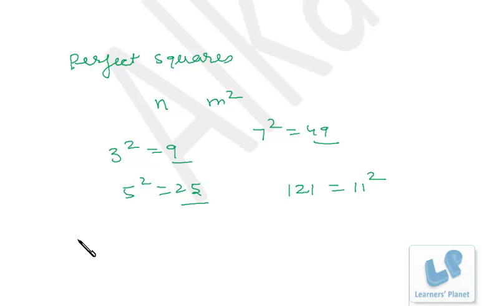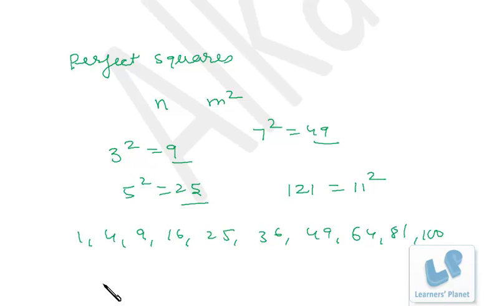We can take some examples: 1, 4, 9, 16, 25, 36, 49, 64, 81, 100, 121, 144, 169, 196, 225 and more.